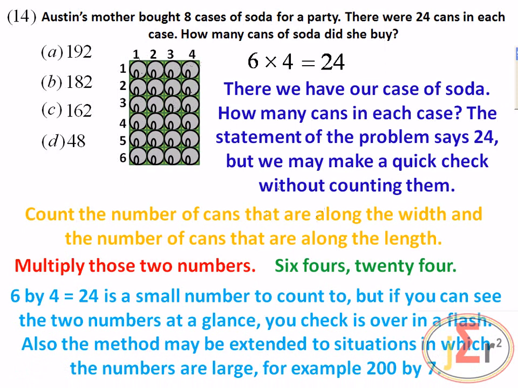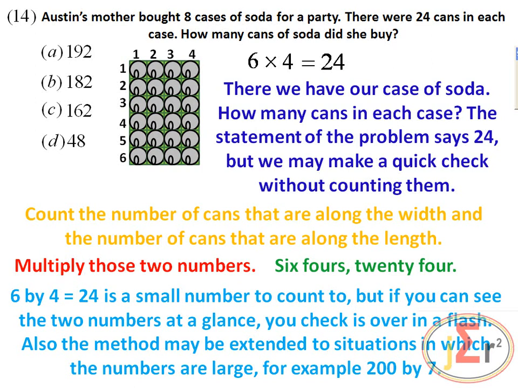And that is a small number to count to. But if you can see the two numbers at a glance, you can check. Your check is over in a flash. Also, the method may be extended to situations in which the numbers are large. For example, 200 by 7. So if you have something that is 200 by 7 and you need to know the number of individuals within that, then you know that you multiply 200 by 7 and you quickly get 1,400.